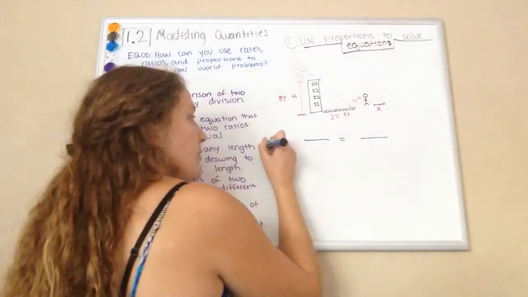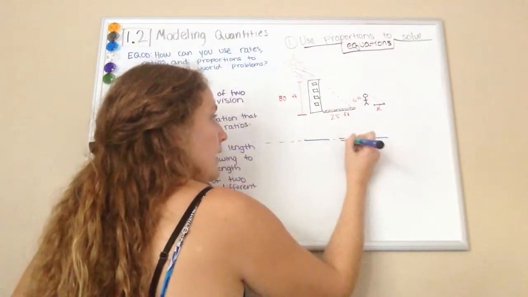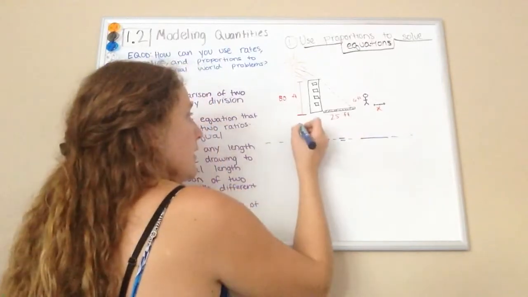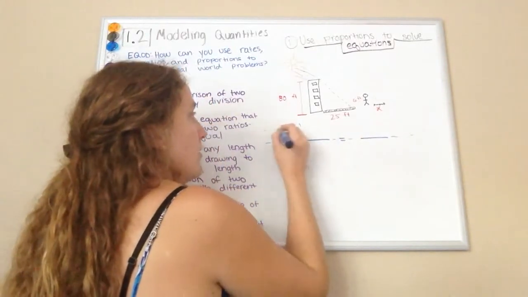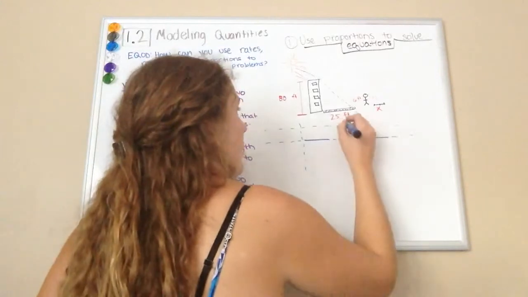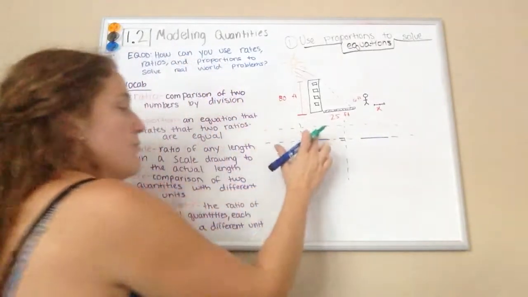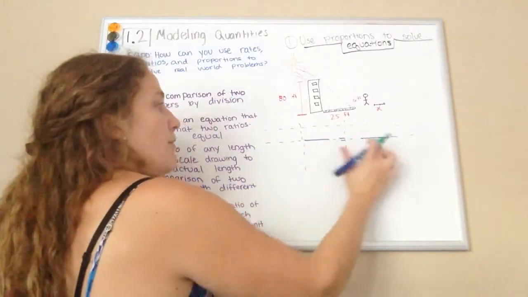So how I always do it is I kind of categorize my fractions. So I'm going to make just a little chart almost to figure out what's going in the numerators of my fractions and what's going in the denominators.